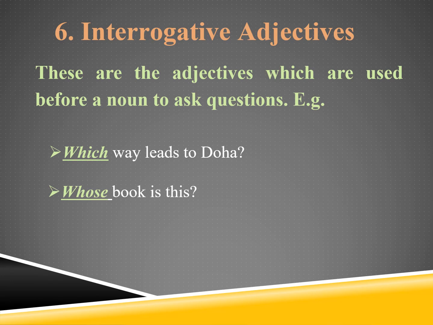Whose book is this? The word whose in this sentence is an interrogative adjective because it has been used before a noun book to ask a question. Similarly, in this example, what manner of man is he? The word what in this sentence is an interrogative adjective as it has been used before a noun manner to ask a question.